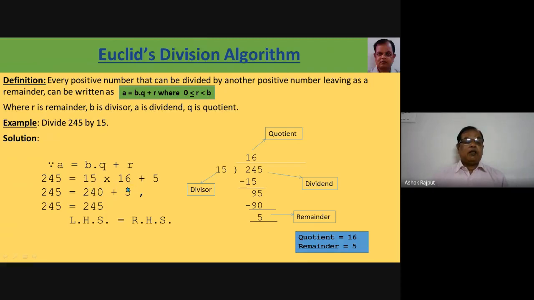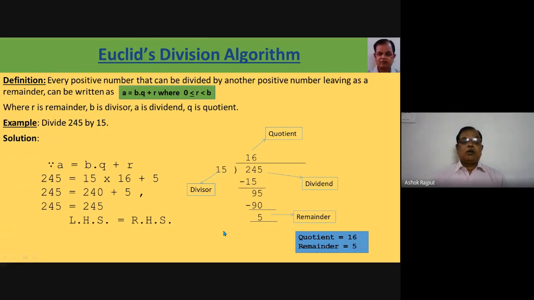After multiplication we get 240, then 240 plus 5 equals 245. Left hand side equals right hand side, so it is correct. It follows the algorithm, so our working is correct. This way we use Euclid's division algorithm, find the quotient and remainder, and check it also.